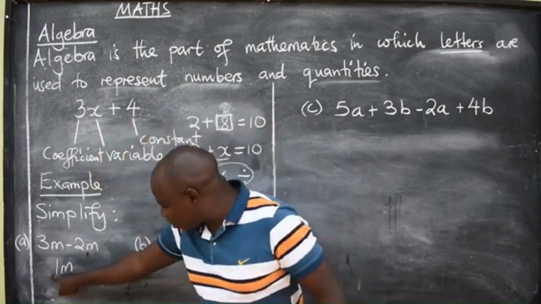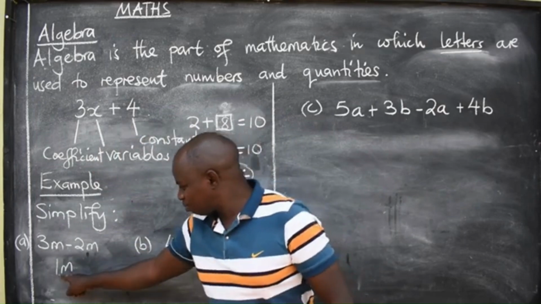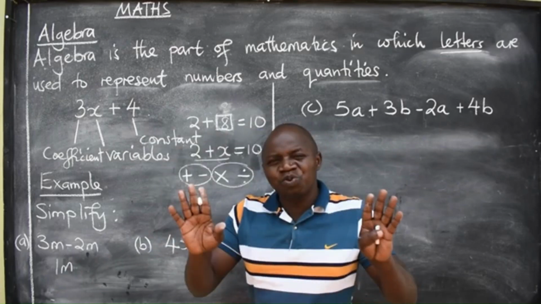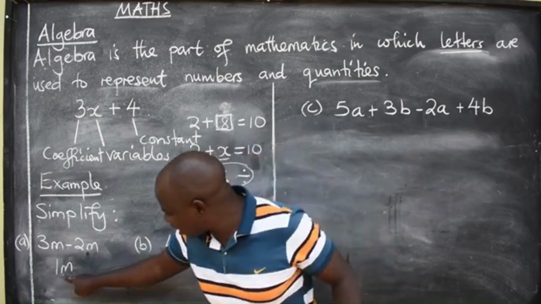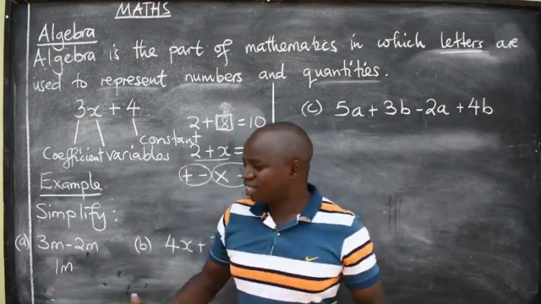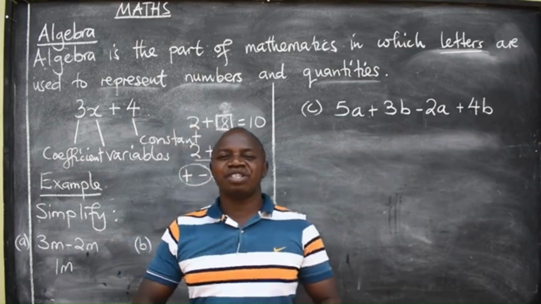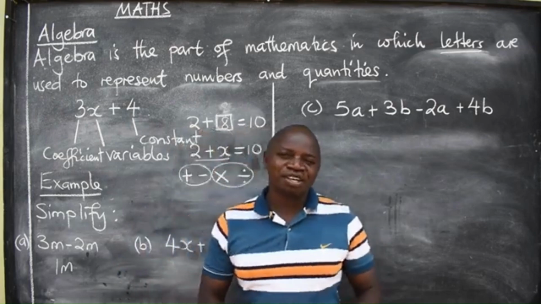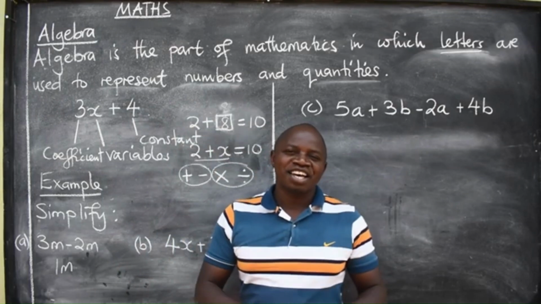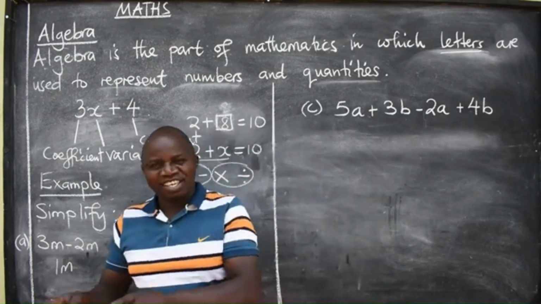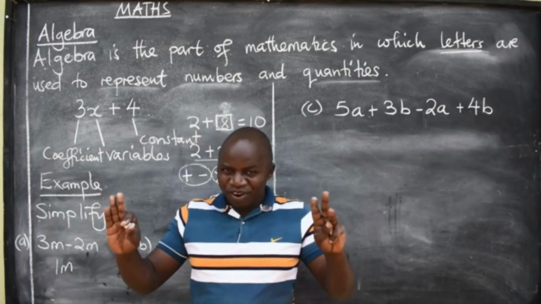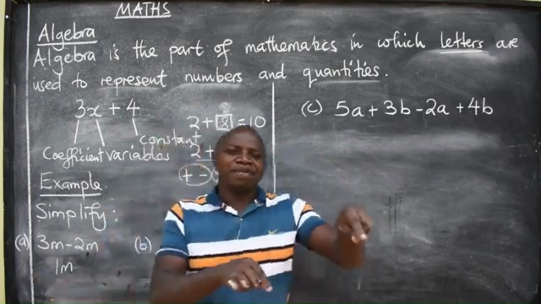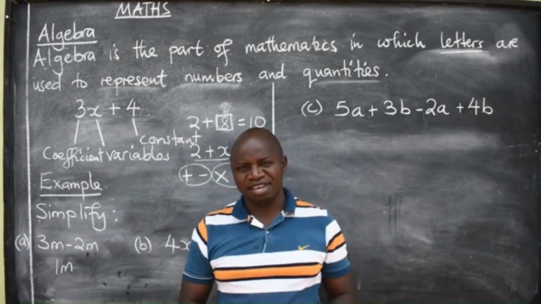But is it correct for you to write like that? No. I do not want you to be writing 1m. This in mathematics is called repetition. Just like in English, we don't say "repeat again," because repeat and again are the same thing.